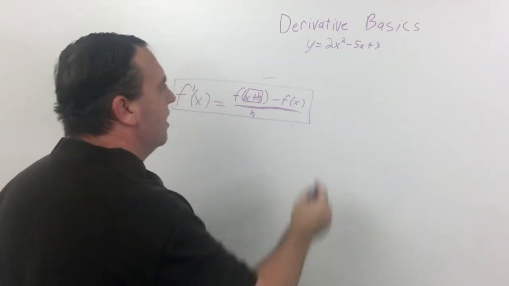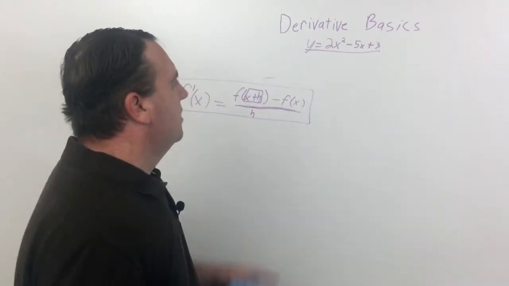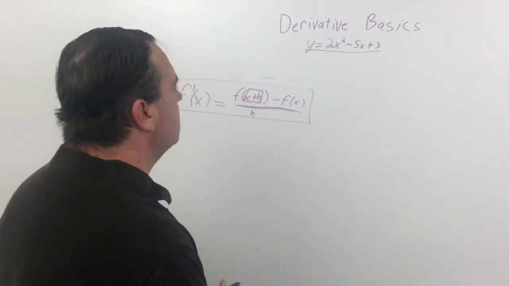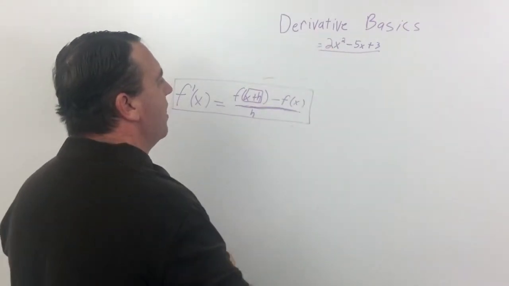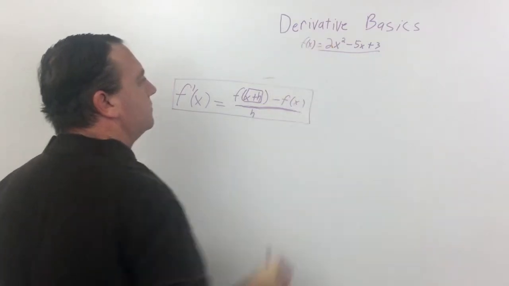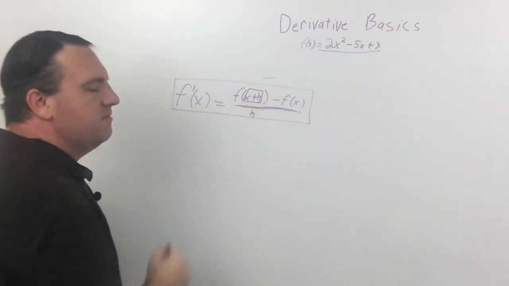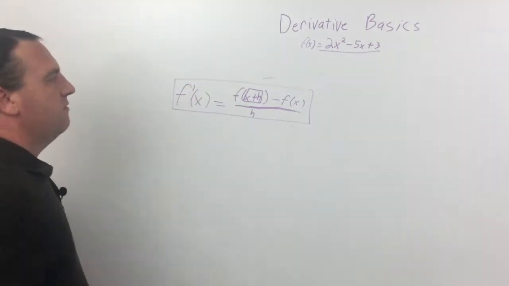This is a little bit more complicated of an equation, but it's the same idea. Now notice that the equation is written as a function of x. So instead of saying y, we can say f of x.